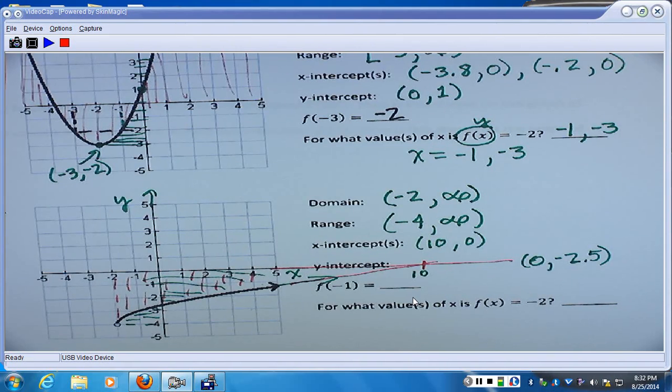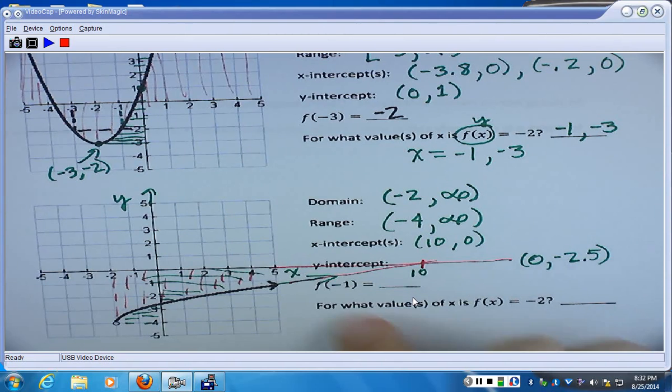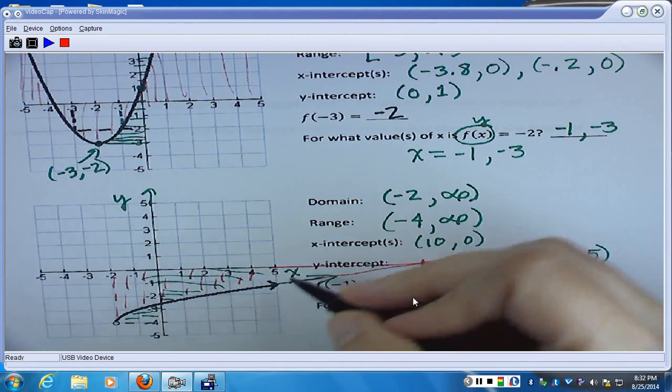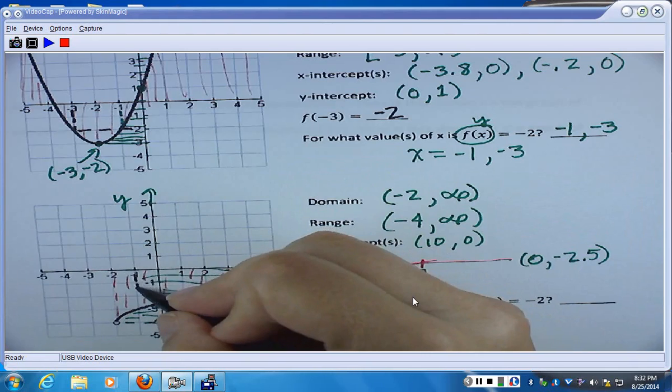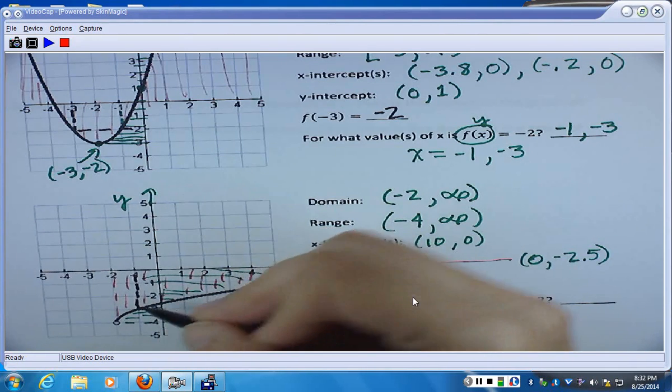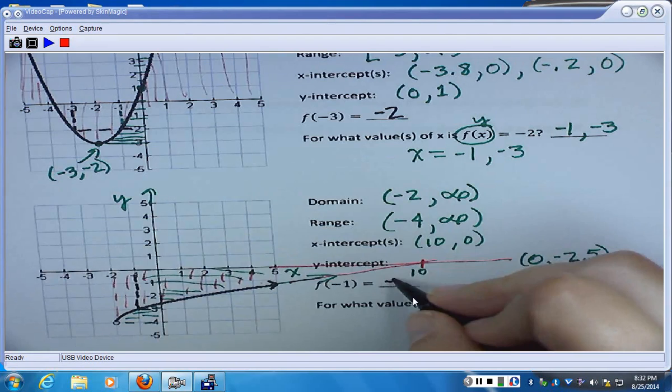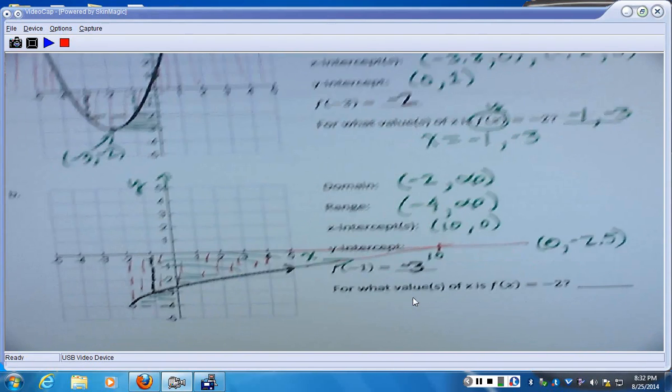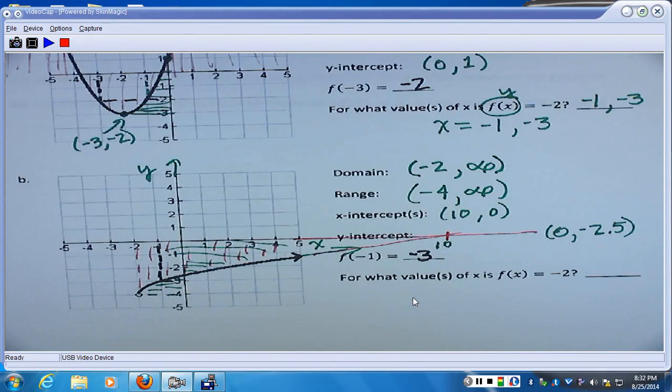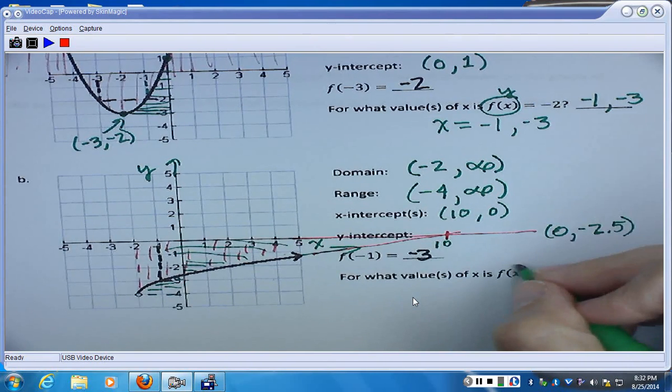All right. Now f of negative 1. So when x is negative 1, what is y? Negative 3. For what values of x is f of x equal to negative 2?